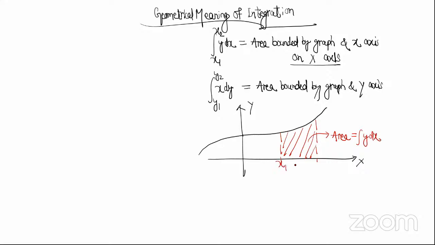Let's say this is x1, this line is x2, तो limit डालेंगे x1 to x2, ठीक है?